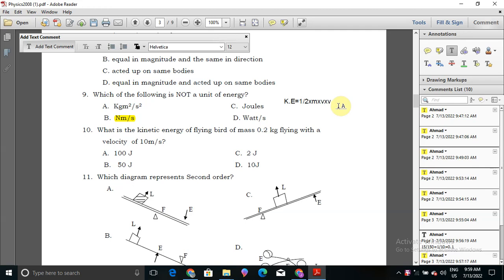Velocity times velocity, which means velocity squared, because I don't have the square here, so it will be velocity times velocity.